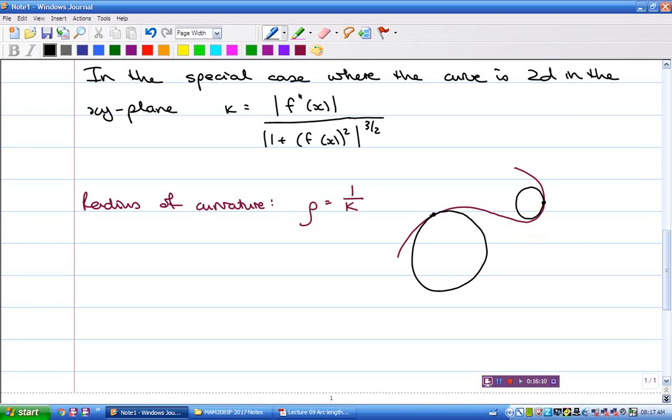Big rho, small rho. Small kappa, big kappa. Rho large, kappa small. Other way around, rho small, kappa large. Because kappa is measuring your curvature, is measuring how tight the bend is. Very tight, big kappa. Kappa is a measure of the tightness of the bend.